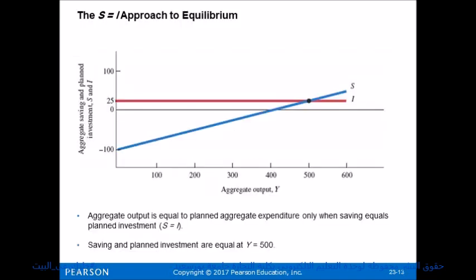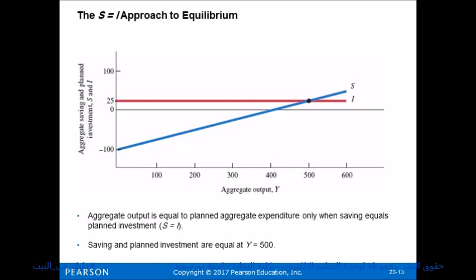The graph we have here shows the equilibrium level of output or income as determined using the second approach, or the saving-investment approach.